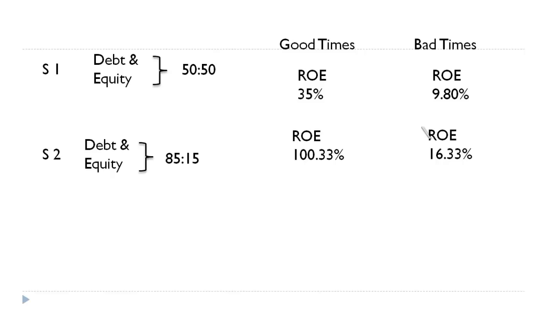Now if you compare the return on equity in scenario 2, the fall is very heavy. From 100% it has gone down to 16.33%, and this steep fall is on account of leverage. So if the debt component is high and the equity component is low, it will give high return in good times and return will be low in bad times, but the fall will be very steep and it will become unpredictable.